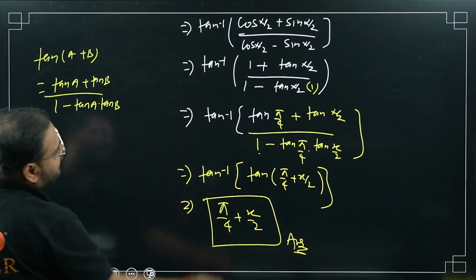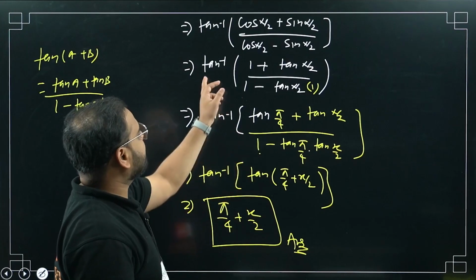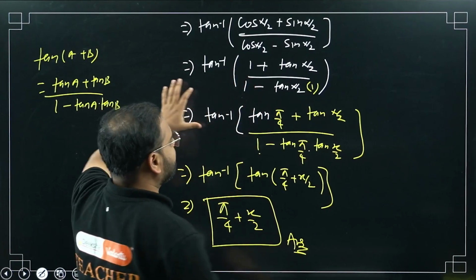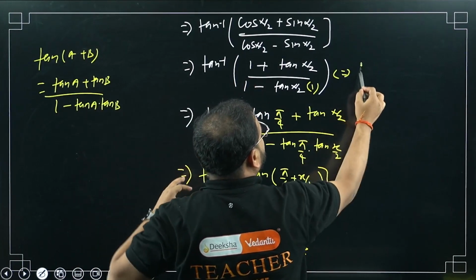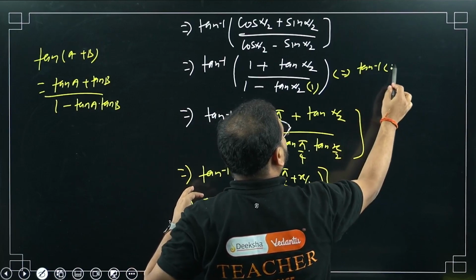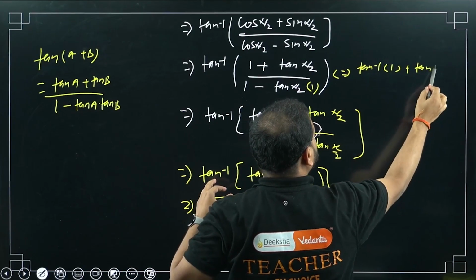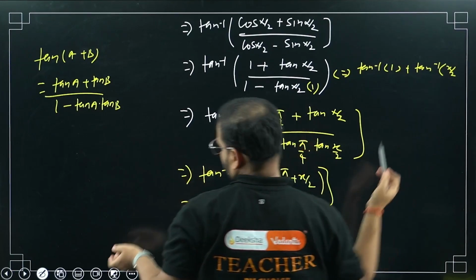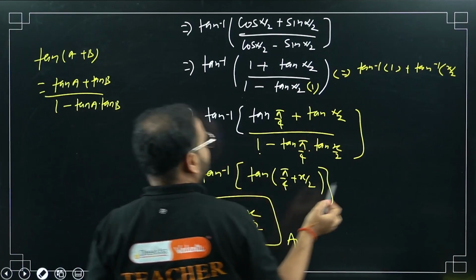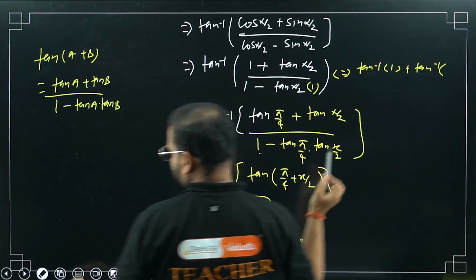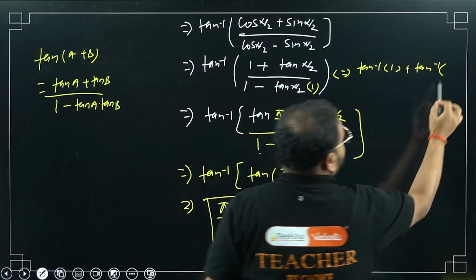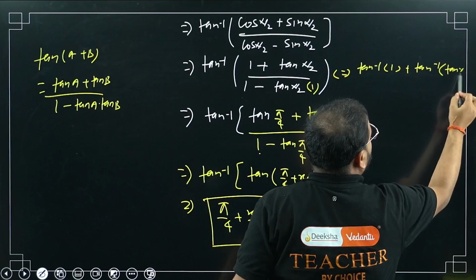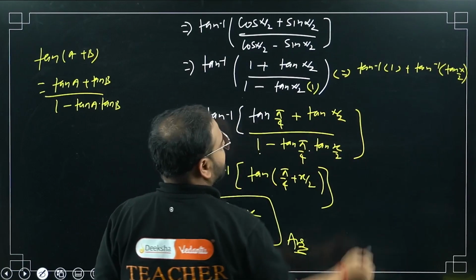One more thing, you can have a different approach also. This is simply tan inverse of 1 plus tan inverse of tan x by 2. You can write from here also. That also is correct. If you check here, what is the answer going to become?